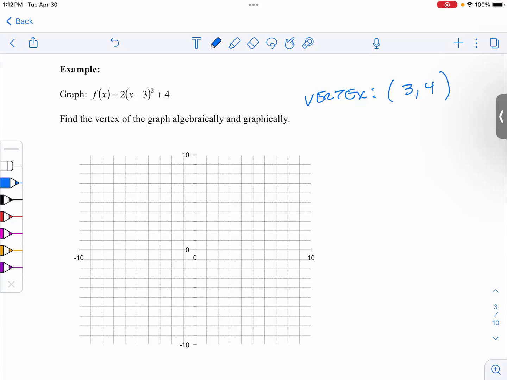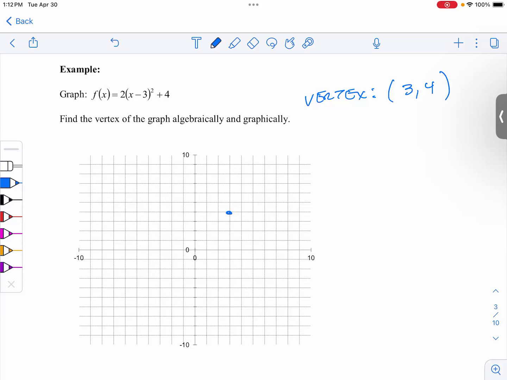Because again, opposite sign. This one is a direct sign, so I know it gets annoying, but it has to do with shifting left and shifting up and down. So the vertex is 3, 4. 1, 2, 3. Okay, so the vertex is there.